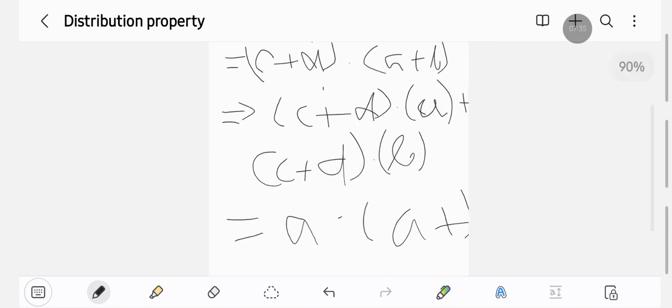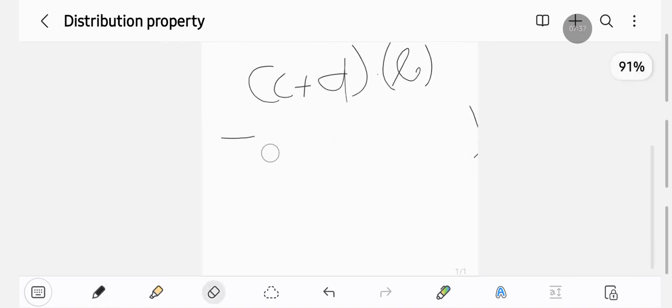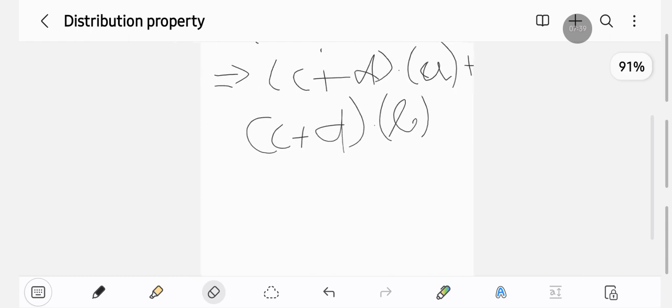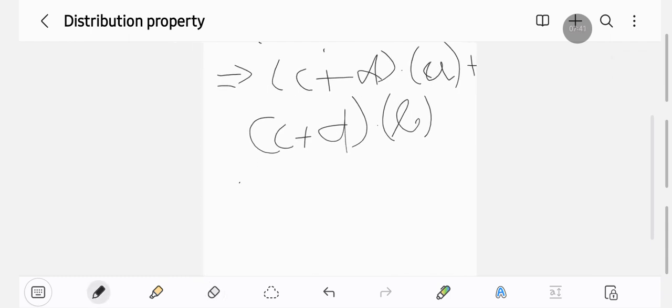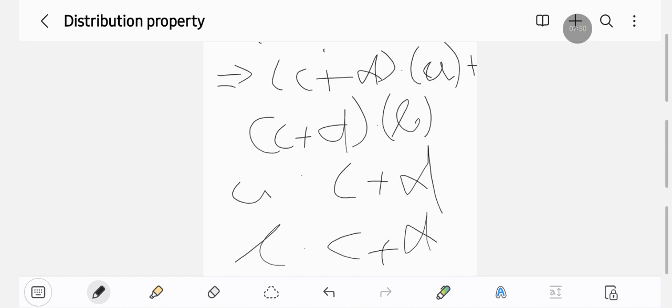So what we do, we change the structure a little bit again. Now we write it as a times c plus d, b times c plus d, because we are deriving, we have to simplify further, and we know order doesn't matter, and it can distribute from left to right, but it can also distribute from right to left if you want.